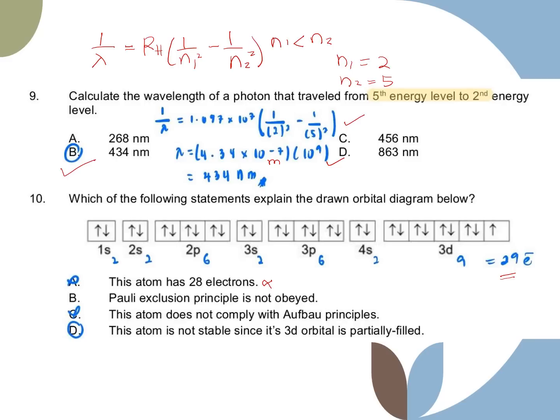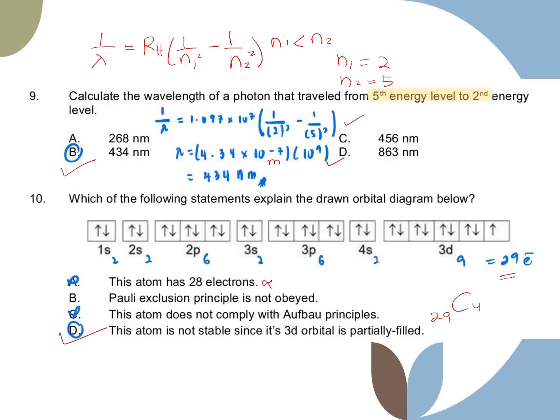If you refer to your book, the last page of chapter 3, the element that has 29 electrons is actually copper. Copper with 29 electrons. So the answer is actually D. This statement explains the orbital diagram of copper because copper is an anomalous case for the electronic configuration, which does not obey the Aufbau principle.